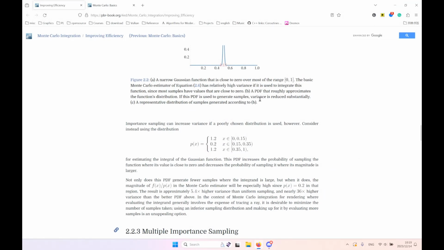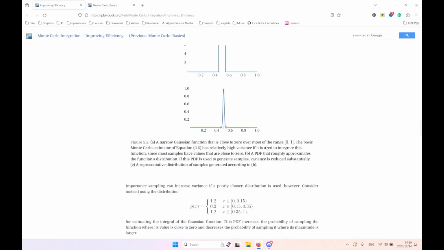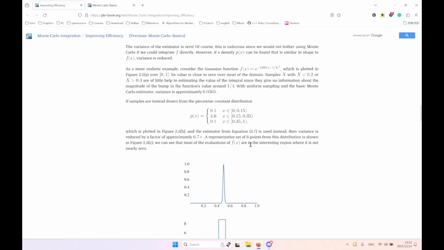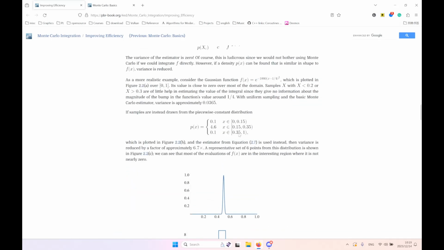Wait, could you scroll back up to the initial one? I noticed that it said the PDF returned 4.6 between 0.135 and 0.15, but the spike appears between 0.4 and 0.6.